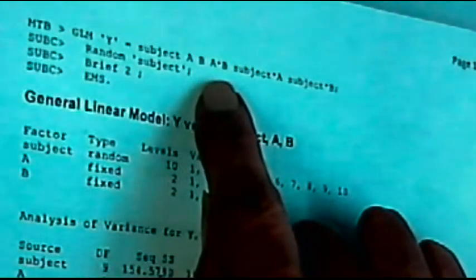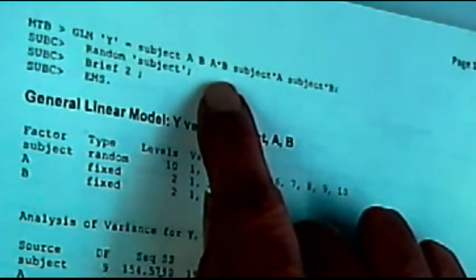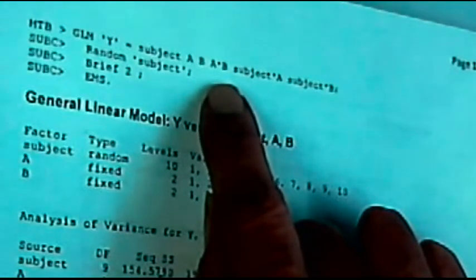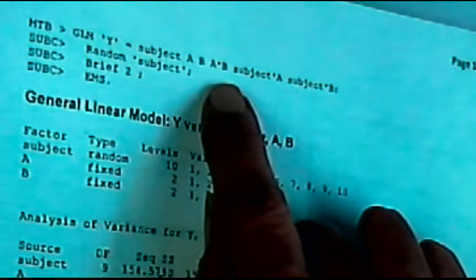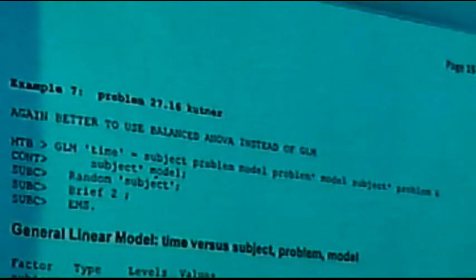And then we did the numbers for this example last time, as I recall.